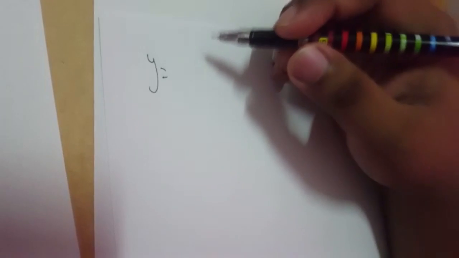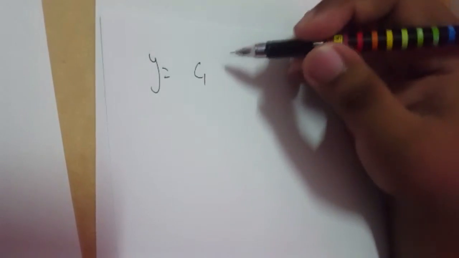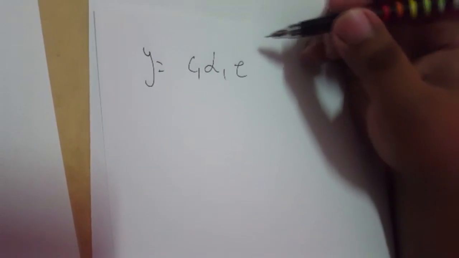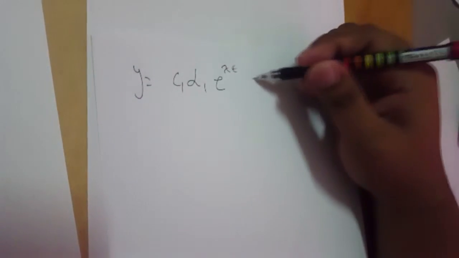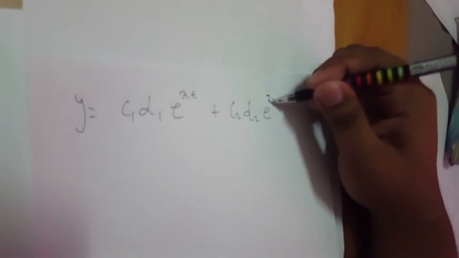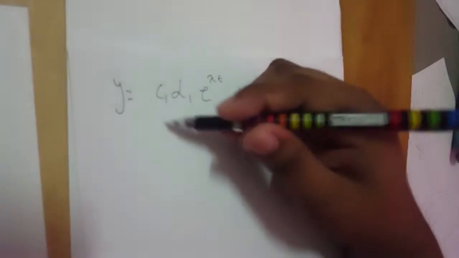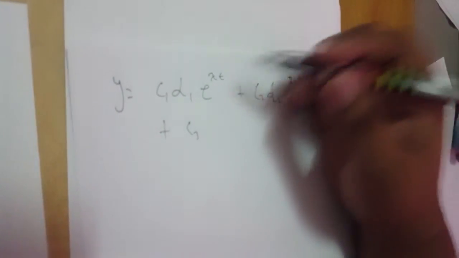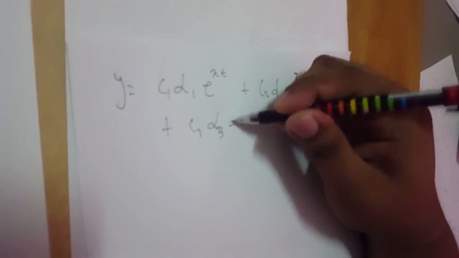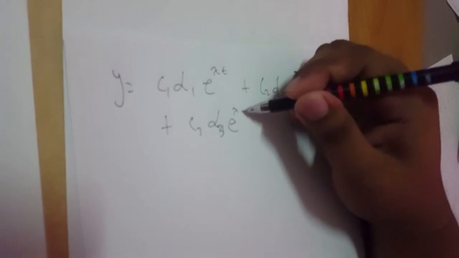We then input this to the general solution, which is y equals c1, the first eigenvector, e to the first eigenvalue times t, plus c2, the second eigenvector, e to the second eigenvalue times t, plus c3, the third eigenvector, times e to the power of the third eigenvalue.